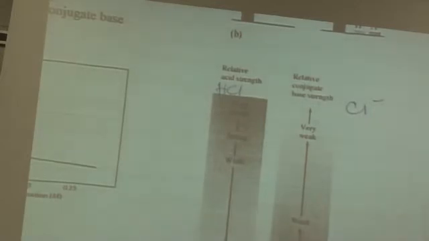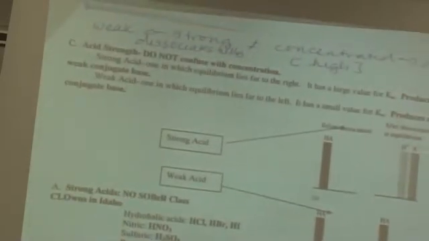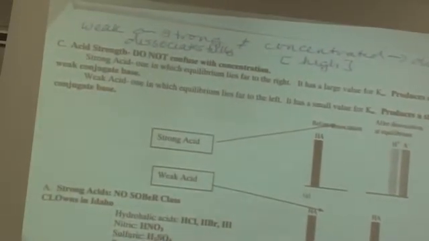If you have a weak acid, let's do HC2H3O2, acetic acid. Its conjugate would be the acetate ion. The acetate ion can attract a hydrogen because of the equilibrium going on here. All right, so you need to remember that. So a weak acid produces a strong conjugate base.